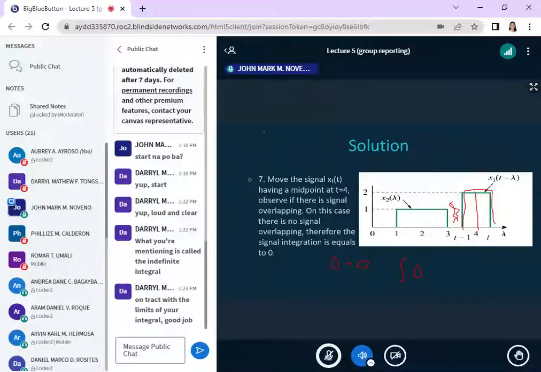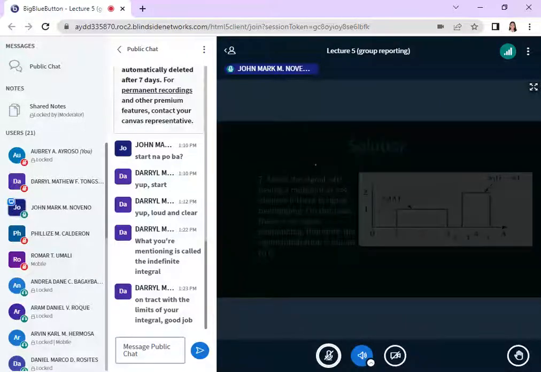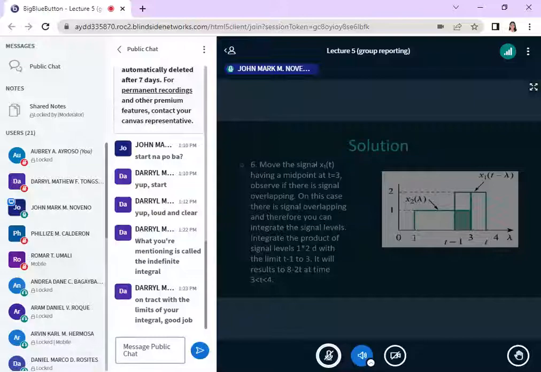So, parang automatic nating ilalagay yan sa ating piecewise function na 0 when time is greater than or equal to 4.